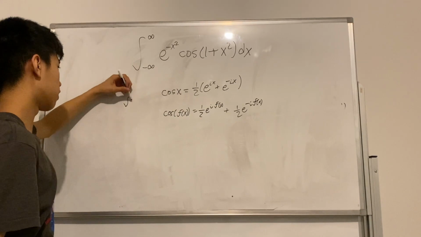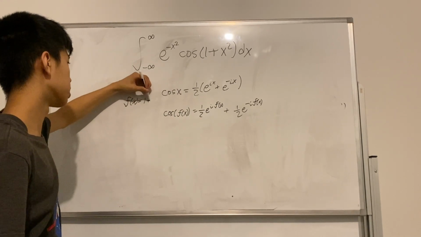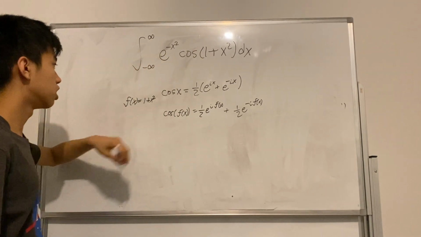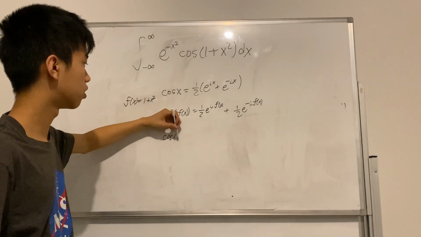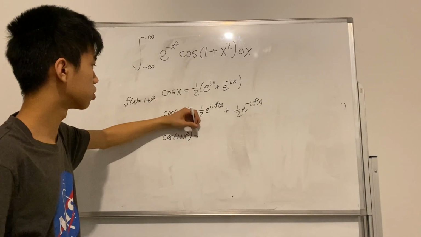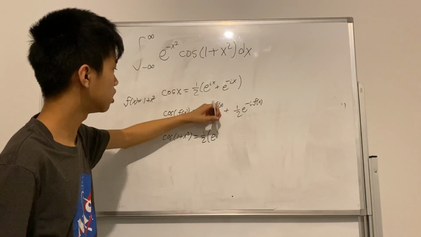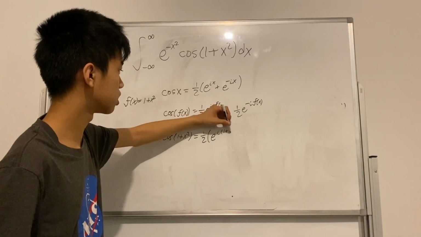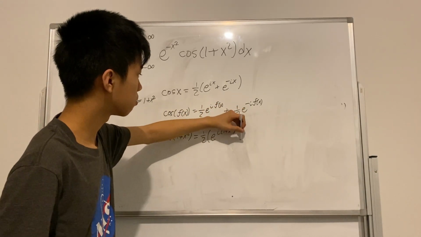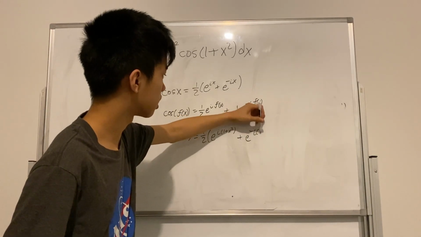If you set f of x equal to 1 plus x squared, which is what we have here, then cosine of 1 plus x squared is equal to 1/2 e to the i times 1 plus x squared plus e to the negative i times 1 plus x squared.